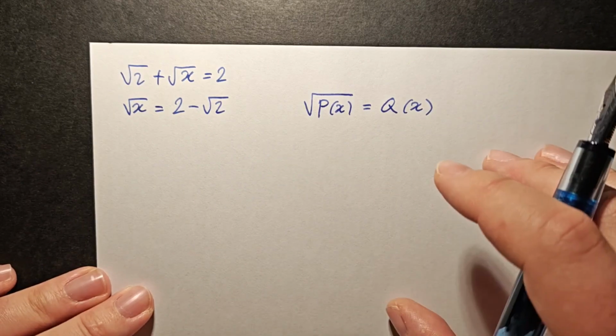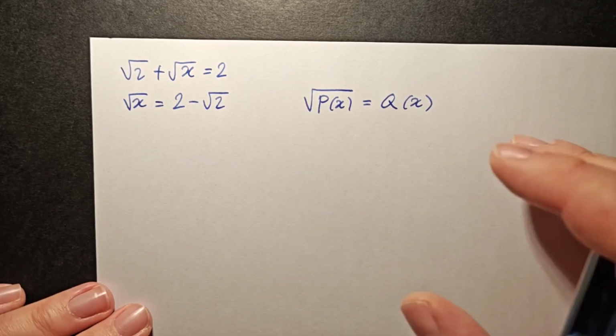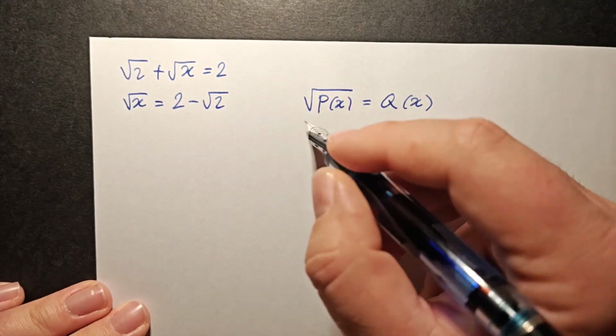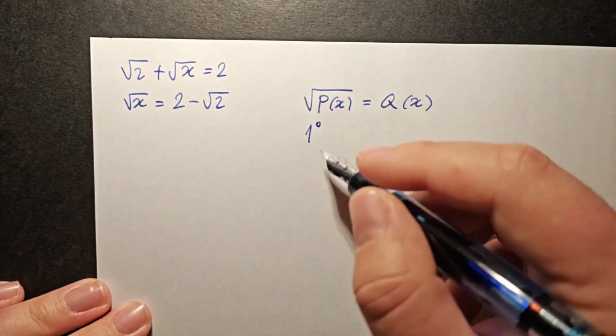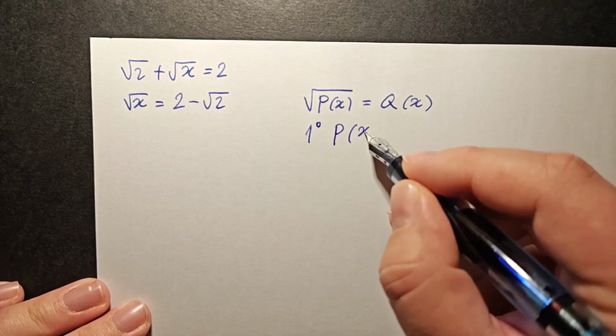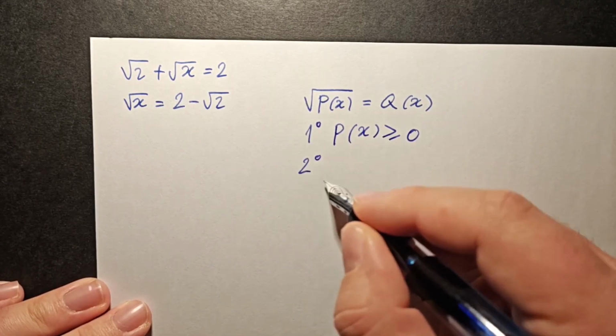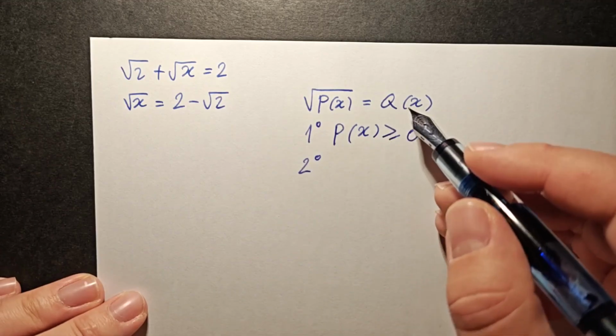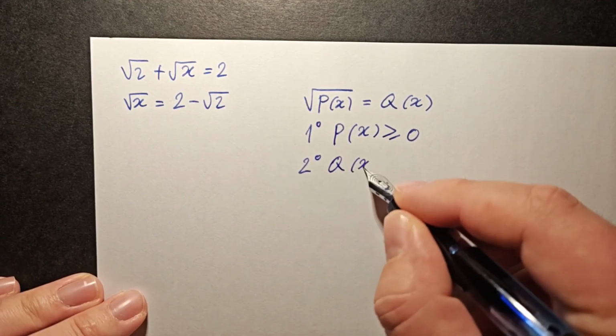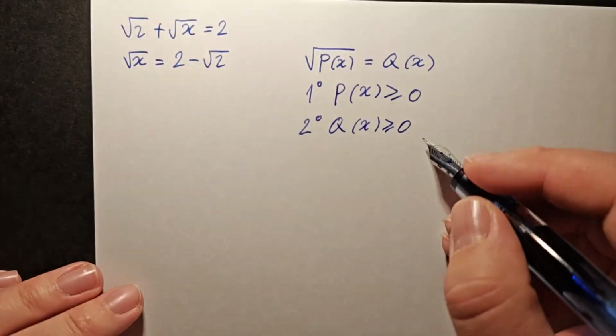So to solve this equation, we demand that the conjunction of the following three demands must be true. You remember the first discussion, p of x has to be larger or equal to 0. Then the second term which has to be satisfied is that q of x is larger or equal to 0.